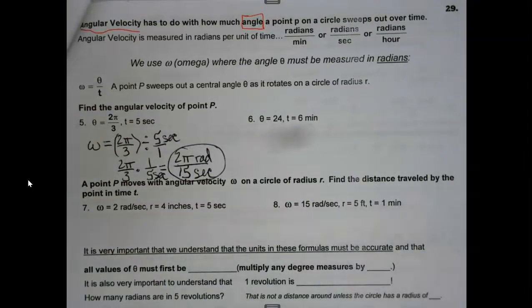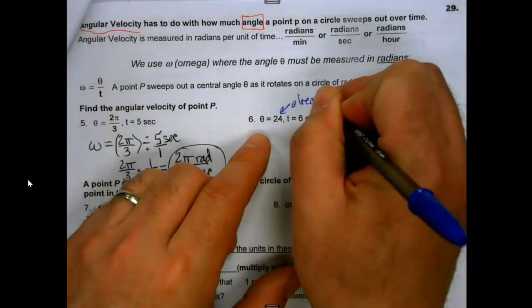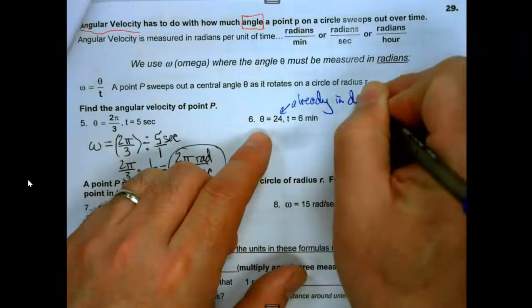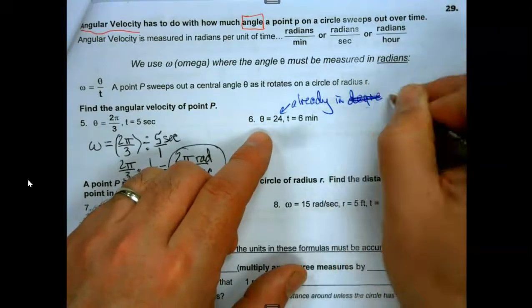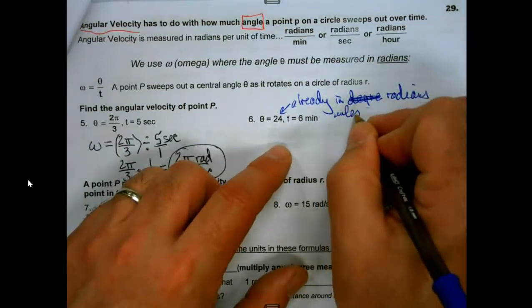Here's the other kicker. When we talk in radian mode, we always have pi involved in it. If you're given a number and you don't see a degree measure there, that is already in radians. Now, if that would have said 24 degrees, then we have to make a conversion because it has to be in radians.